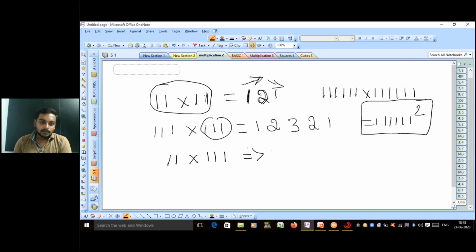Here on the left hand side we have 2 digits, on the right hand side we have 3 digits, that is the number of ones. 1 2 2 1. Yes, good. Then in this case you have to go with the lesser number of digits.